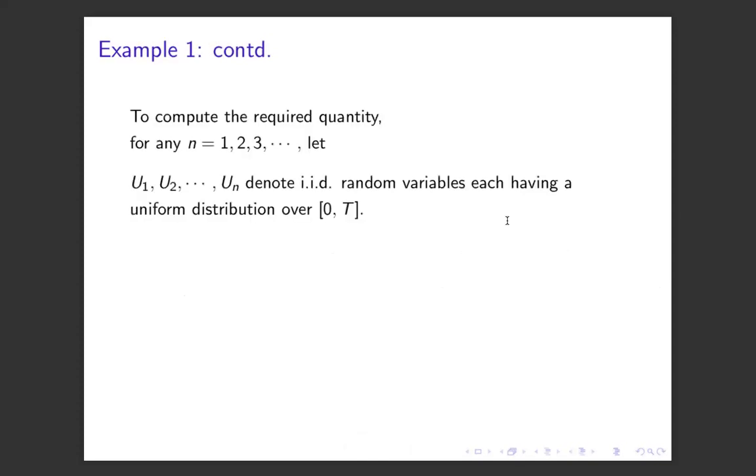So to compute the required quantity for any fixed little n, any integer, U1, U2, ..., Un denote independent identically distributed random variables, each having a uniform distribution over the interval 0 to capital T. So for each n, we will have this kind of a sequence.